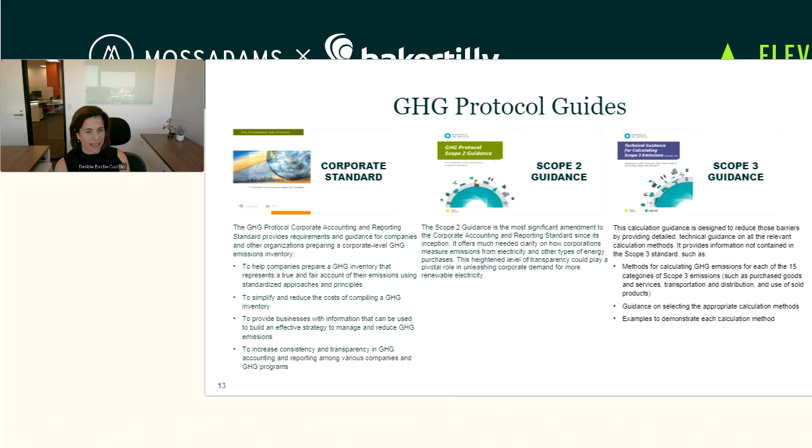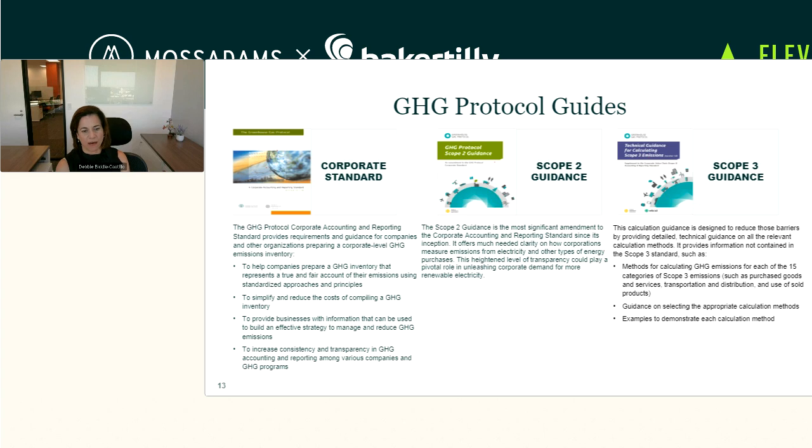There are greenhouse gas accounting protocol guides out there which are available for everybody to look at and assess. We've got 3 listed up on the screen here. We have the corporate standard, which is the core framework that provides companies requirements and guidance for preparing a corporate level greenhouse gas inventory.